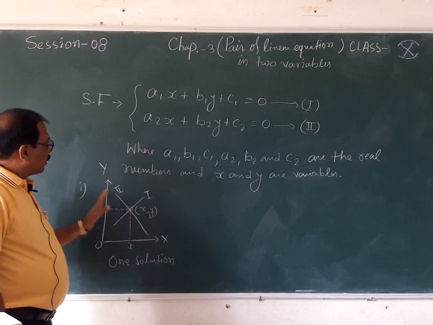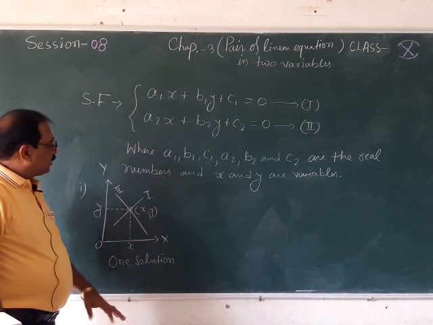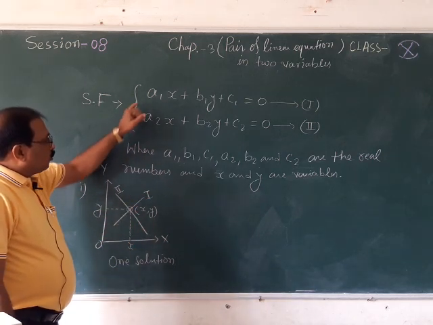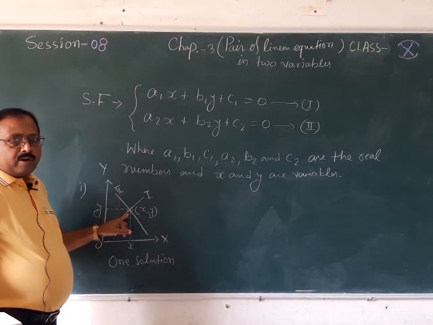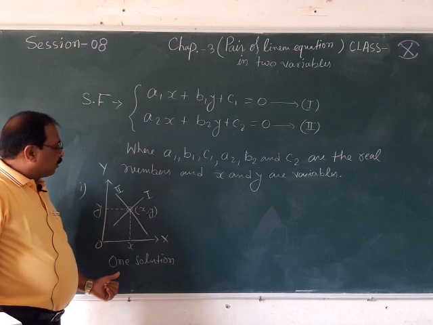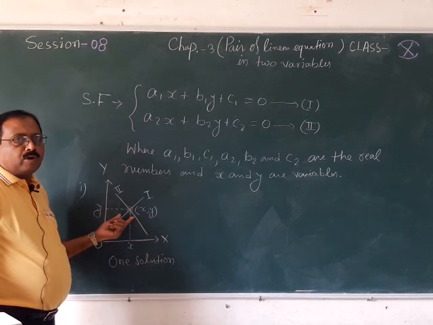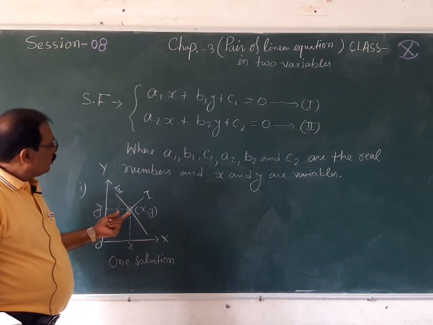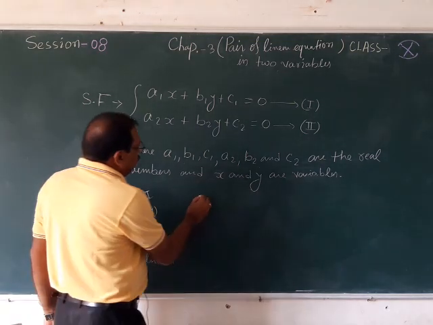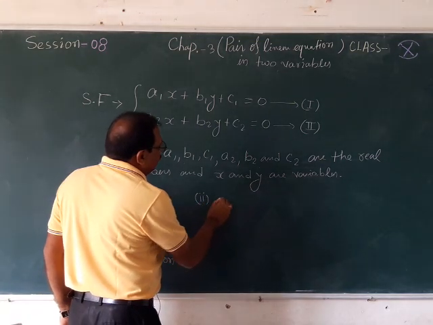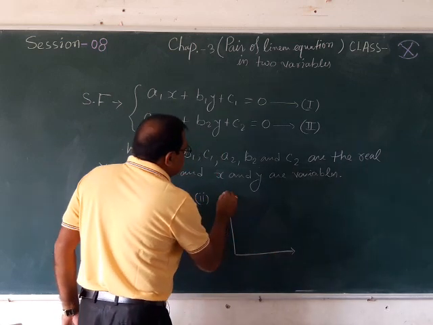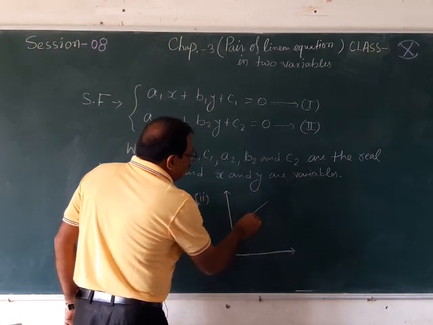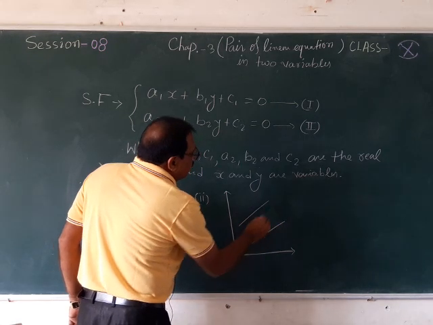When you are drawing the graph on a graph sheet for the two equations, and the graphs are intersecting at a point, that means you are having only one solution, and that solution will be the point of intersection of these two graphs. And in the second case, you may see that your graphs may not intersect each other.